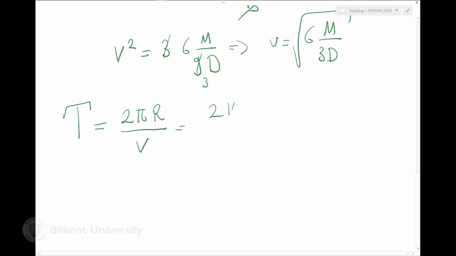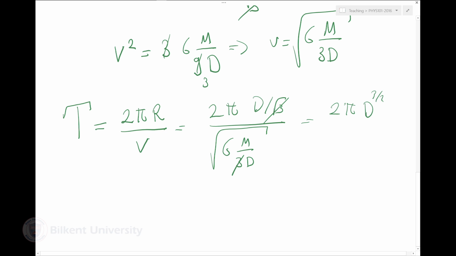So it's going to be 2 pi. R was d divided by square root of 3. V was square root of g m over 3d. Square root of 3 is cancelled. So 2 pi d to the 3 halves divided by square root of gm.